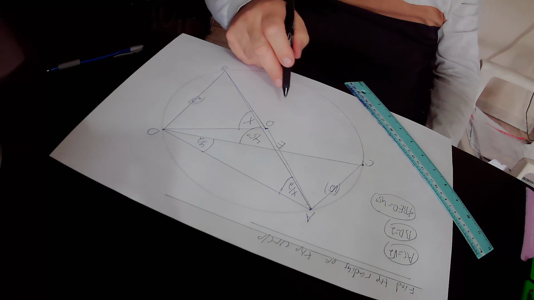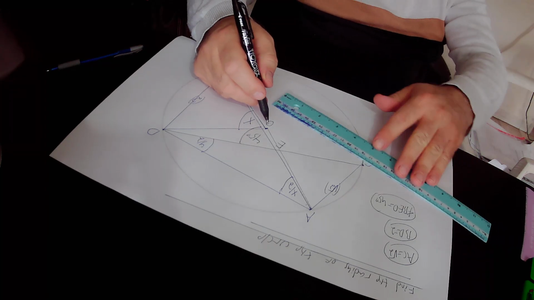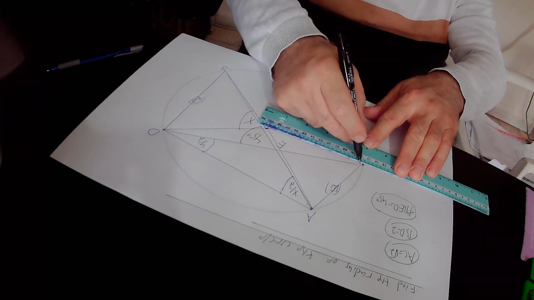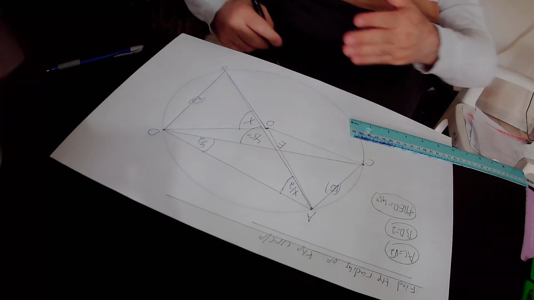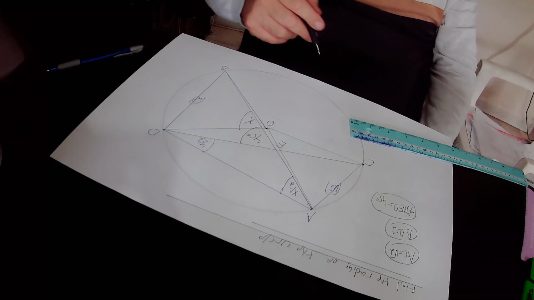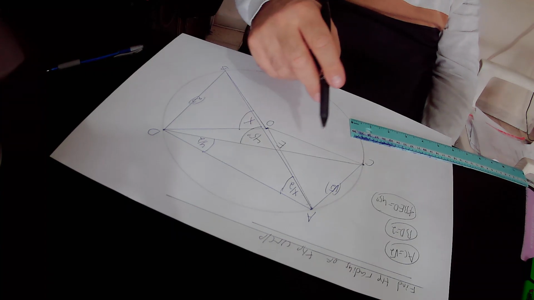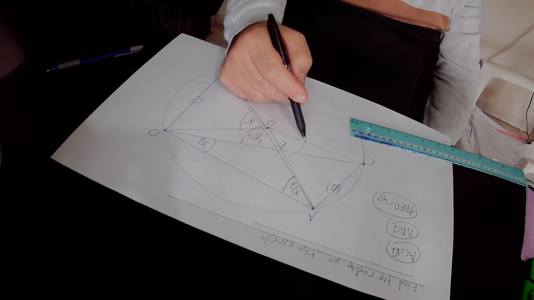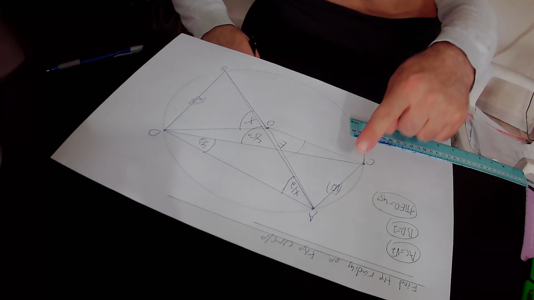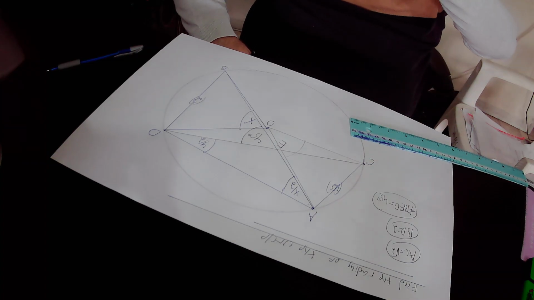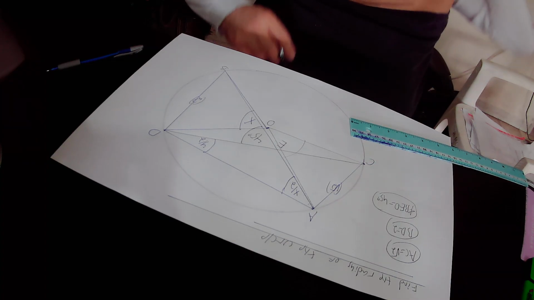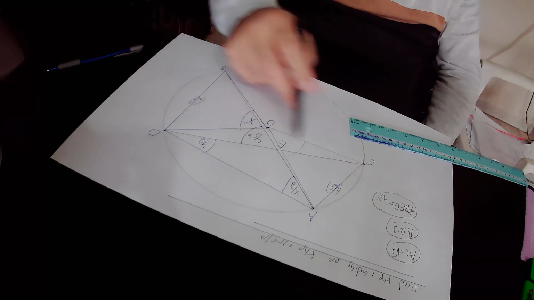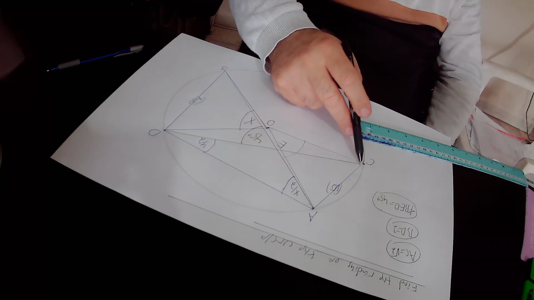And we join points O and C together by a straight line. So by doing this construction, we create center angle AOC. This is center angle AOC that subtends on chord AC, and peripheral angle ADC subtends on the same chord AC.